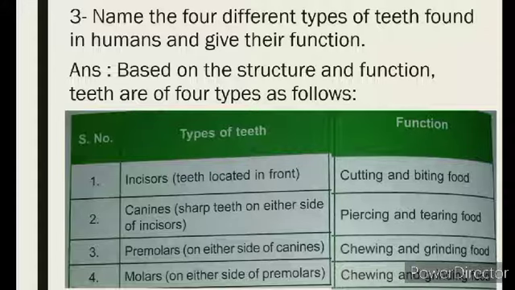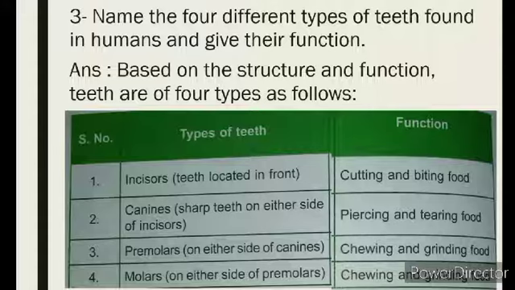So in this answer, children, you have to draw the table in which the first column is serial number, the second column is types of teeth, and the third column is function. So number 1 is incisors. Incisors are teeth located in front, and the function of incisors is cutting and biting food. Second one is canines.